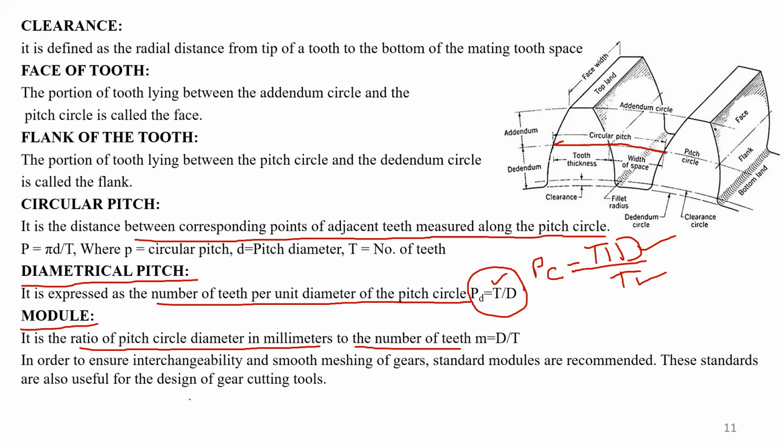That is called the module. Module and the diametral pitch are inversely proportional. So module is equal to 1 by diametral pitch.